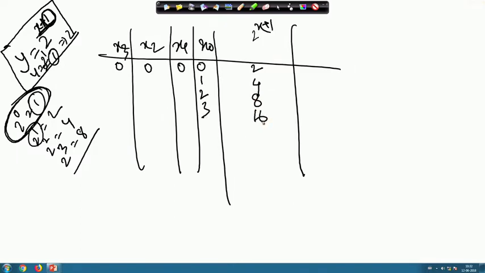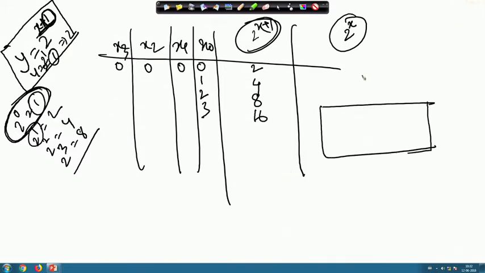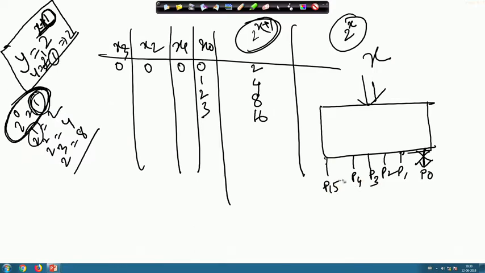So now, from this 2 to the power x block, how can we design 2 to the power x plus 1? If I draw this circuit, if this is x, then the outputs are P0, P1, P2, P3, P4, up to P15.